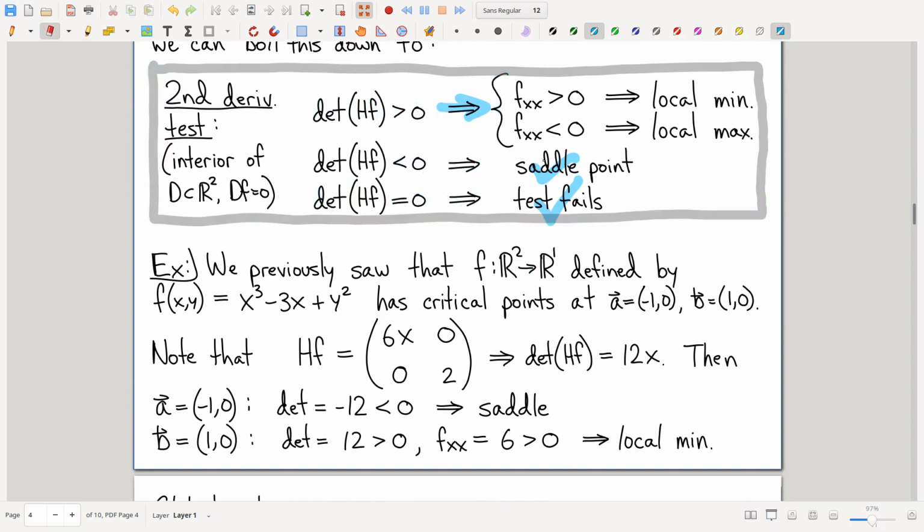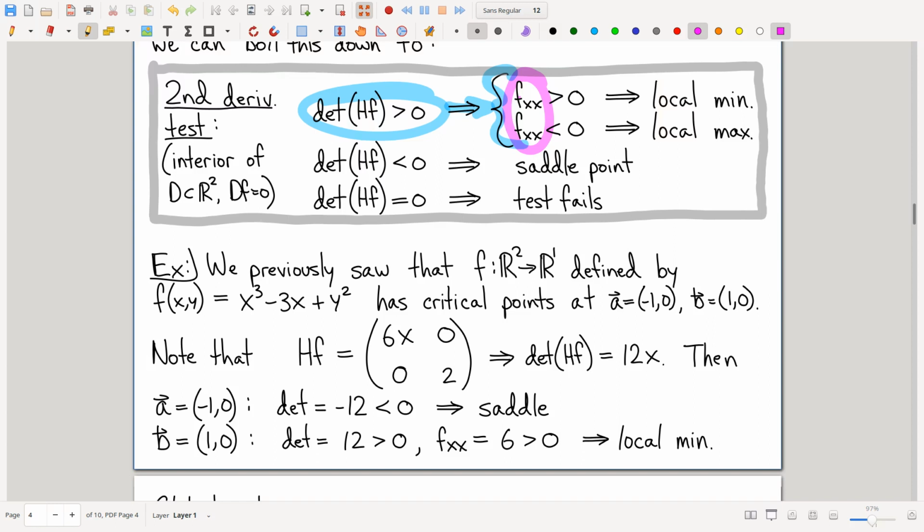Oh, I'm sorry. I didn't finish the story here. If the determinant is positive, you have to look at more information. The second step of that process is to look not at the whole matrix, but at the top left element of the matrix, the XX second partial.